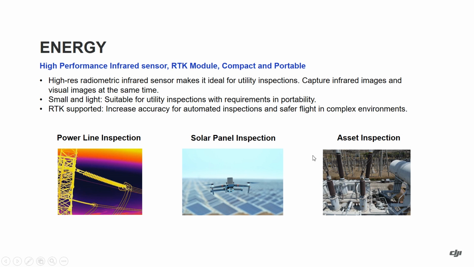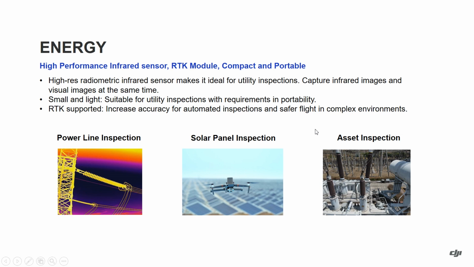A small but useful function for the inspection application is that when you press the shutter button once, you will get 2 images at the same time, both the infrared image and also the visual image, so that it actually saves a lot of time and improves efficiency.